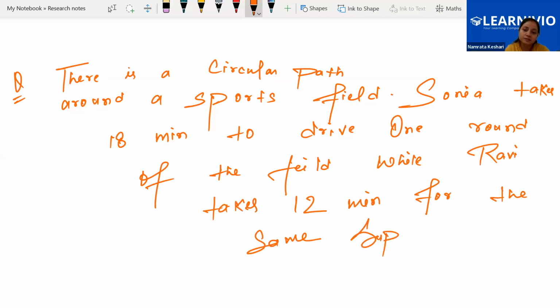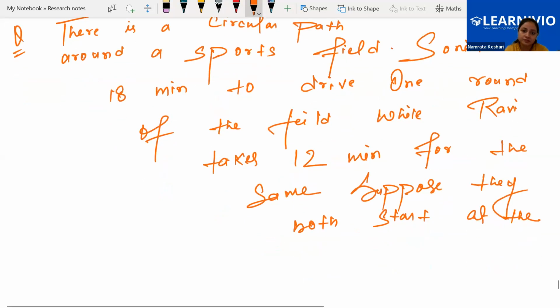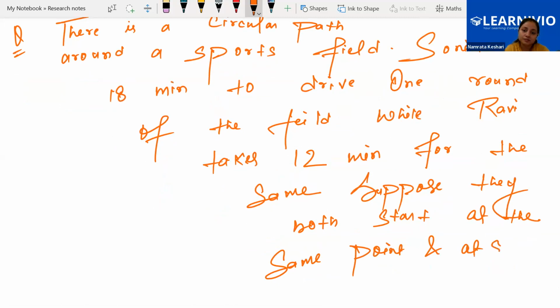Suppose they both start at the same point and at the same time and go in the same direction.